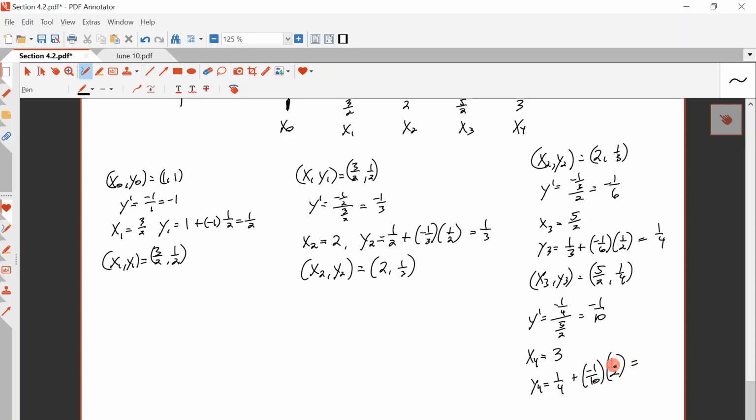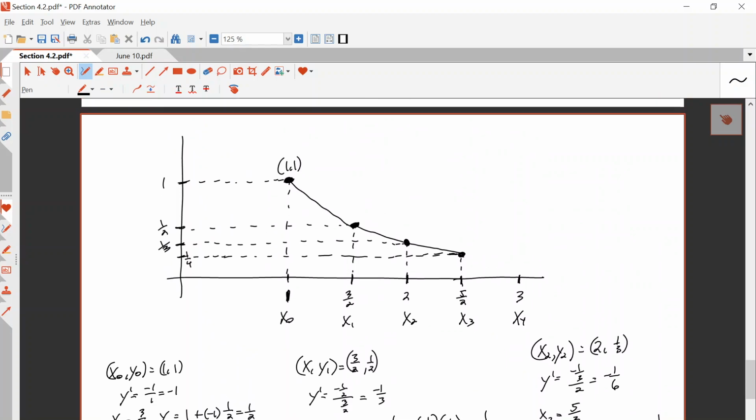So 1/4 minus 1/20. So this is 5 over 20 minus 1 over 20, which is 4 over 20, which is 1/5. Right, so that's 1/5, right about here, say. And here's the next line. And those lines are flattening out, as you can see. Okay, so that's the approximated solution.